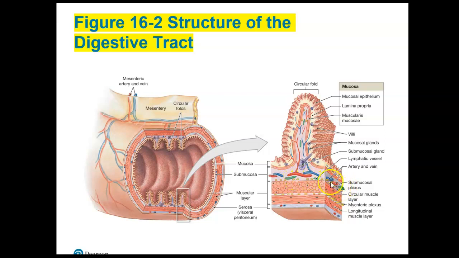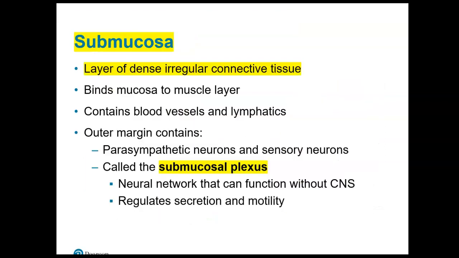The submucosal plexus is an area of nerve stimulation in the submucosa or lamina propria. And then the myenteric plexus is an area of nerve stimulation within the muscularis layer. So we will go over those in more detail.